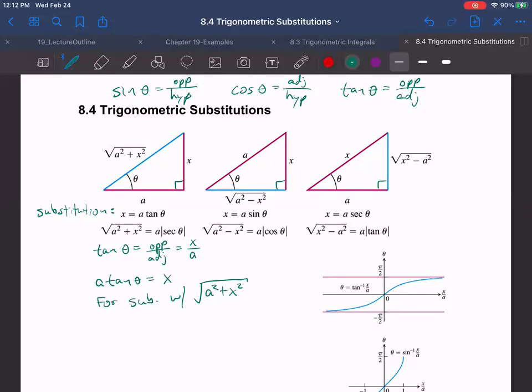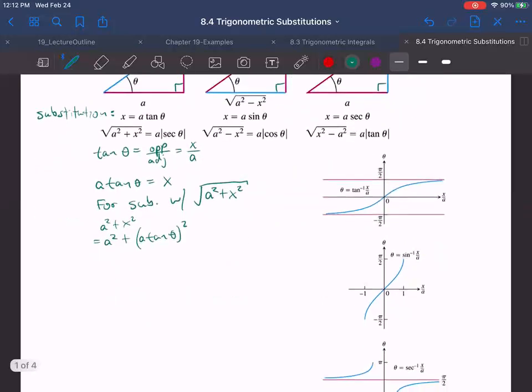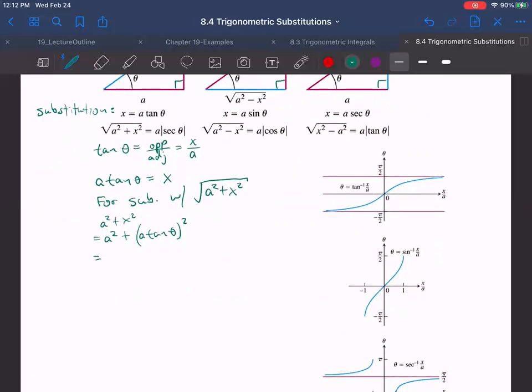And so what we'll get is a squared plus x squared equals a squared plus, well, let me do it this way. Let me write a tan theta squared, which will then equal a squared plus a squared tan squared theta, at which point I can factor out an a squared, and I'll get a squared times 1 plus tangent squared theta.